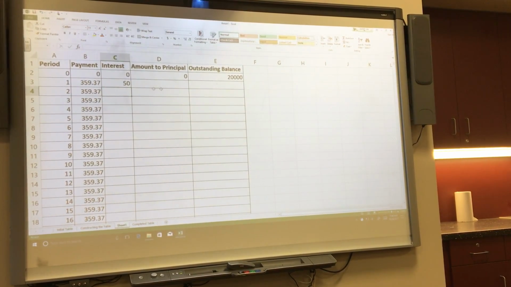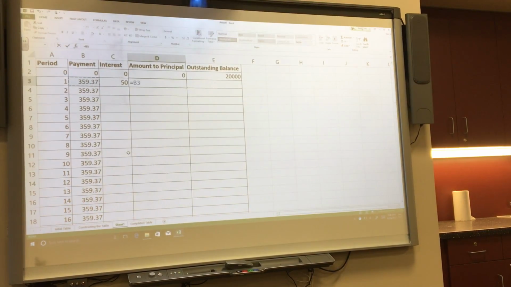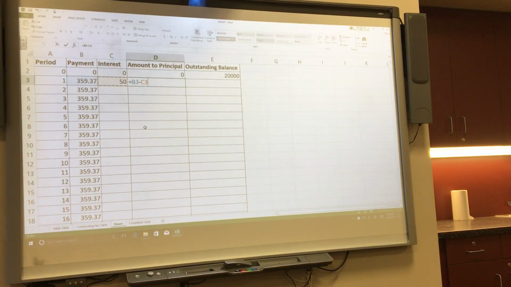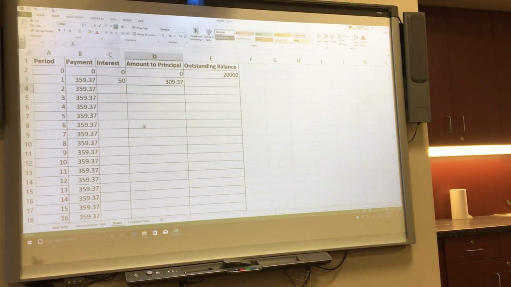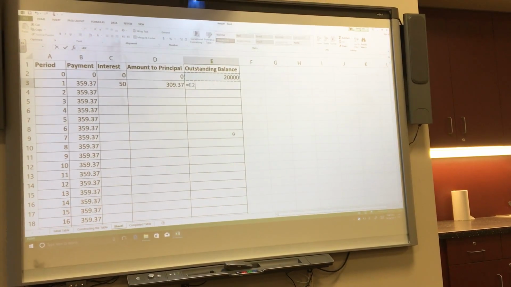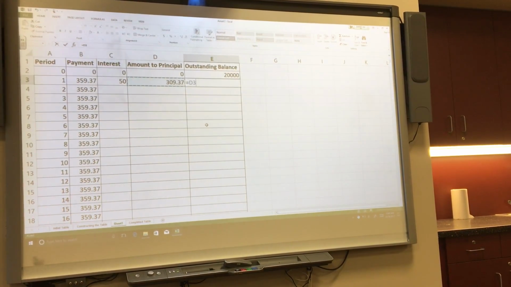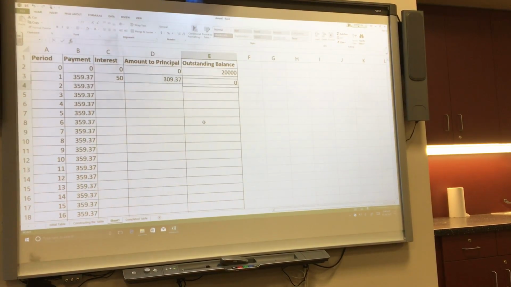Okay. The amount to principal is equal to the total amount of your payment minus however much you put to interest. And then the outstanding balance is equal to your previous outstanding balance minus the amount you just paid to principal. Okay.